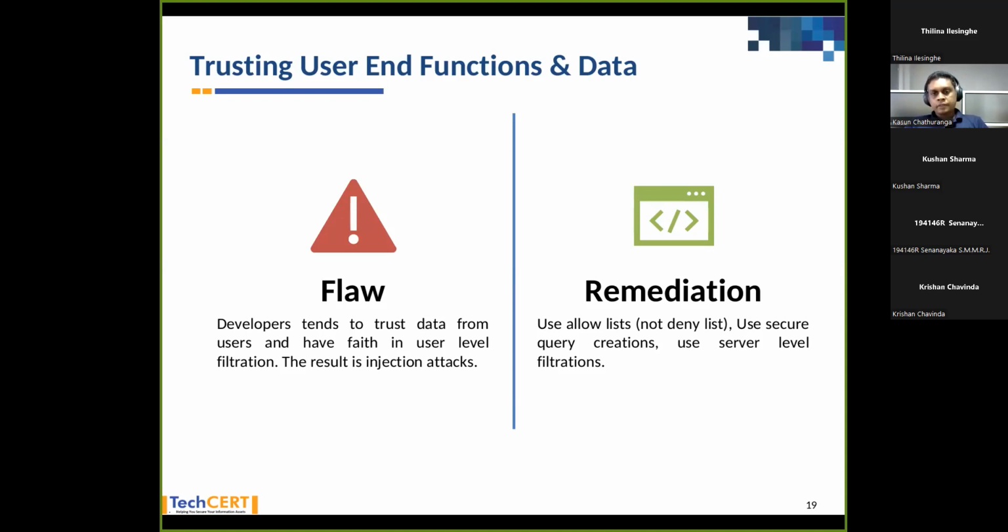That often happens. That's how SQL injection and this sort of vulnerability, cross-site scripting, exist even in current websites.